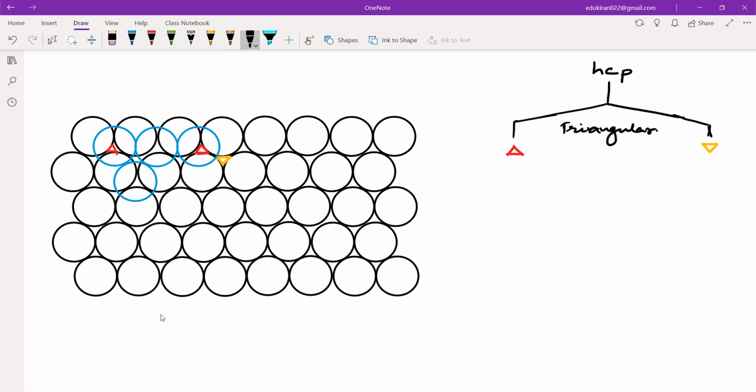First of all, look at the black atoms. They're making an upward triangle. Then look at the blue atoms. If I join the midpoints of the blue atoms, octahedral void. All of you can see that.